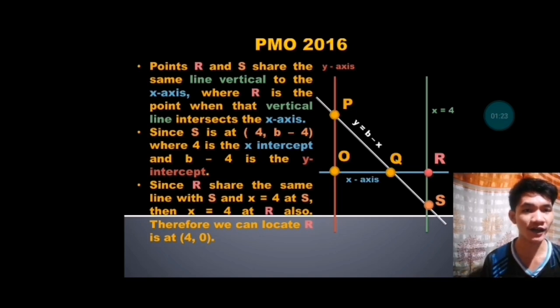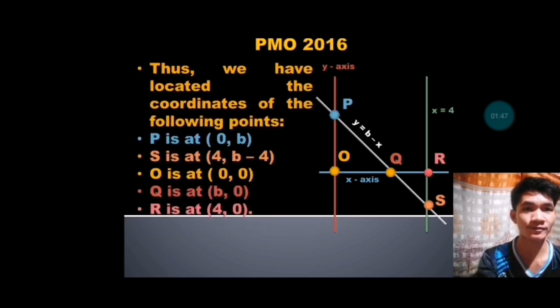Therefore, R is at 4 and 0, where 4 is the x-intercept since it shares the same line with S, and it also lies on the x-axis when y is equal to 0.